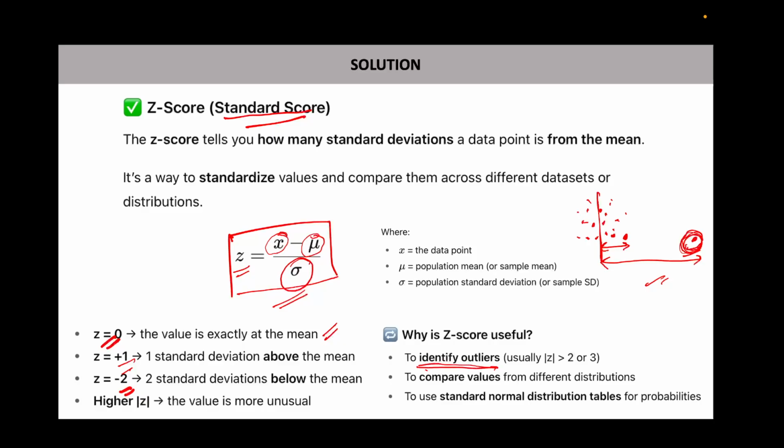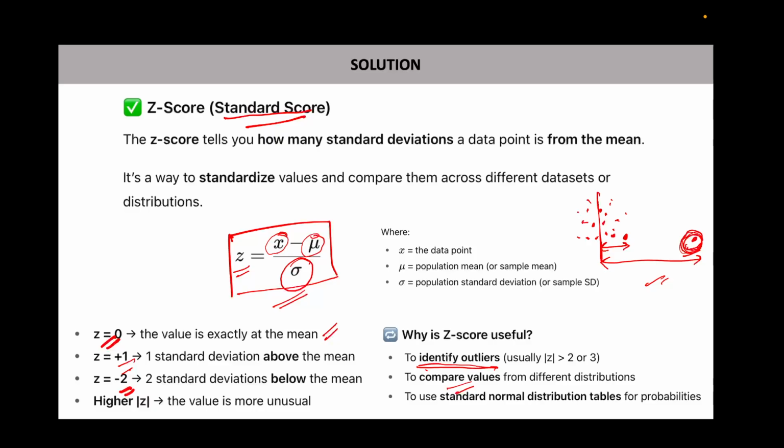Usually when the z value is more than 2 or 3, that particular data point is considered an outlier. It means that it lies 2 or 3 times your standard deviation away in your entire data set. With this kind of value, you can also compare across different distributions.